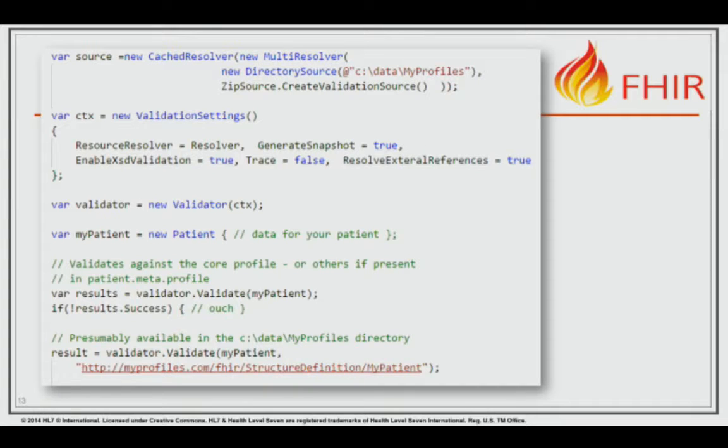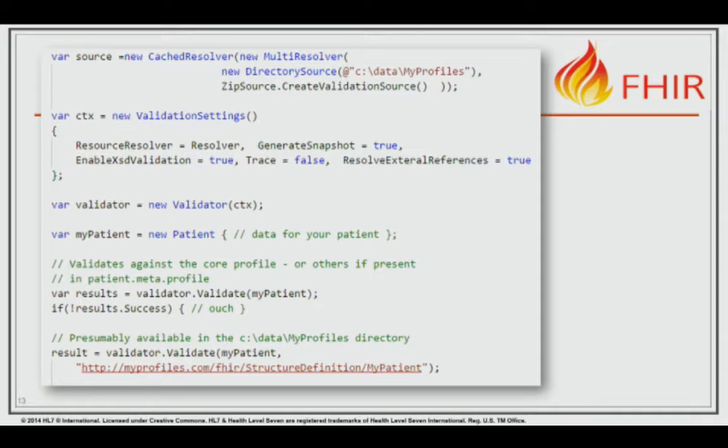So I'm constructing, in this case, let's start with the source of the structure definition. As you can see here, I created a directory source, which means that if you installed some of your structure definitions in C data my profiles, it will find them. And I created ZipSource.CreateValidationSource. This creates a source for the standard FHIR specification.zip file.